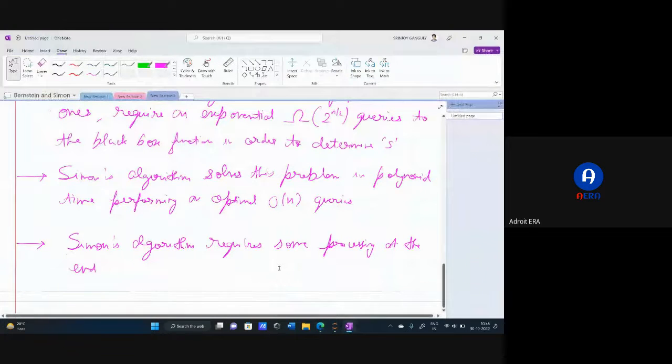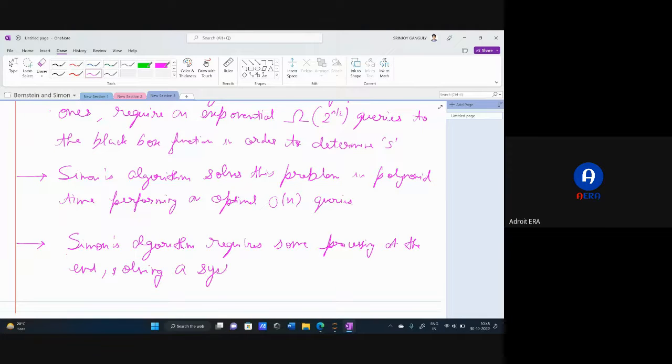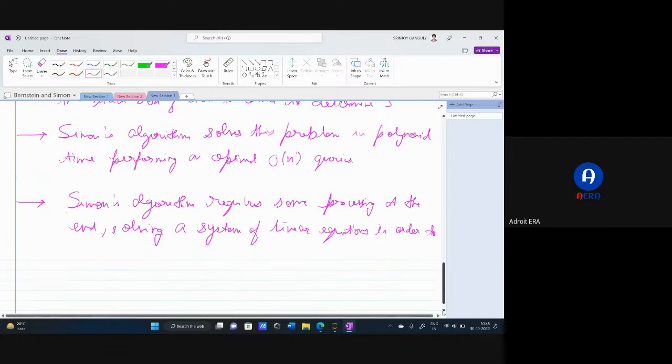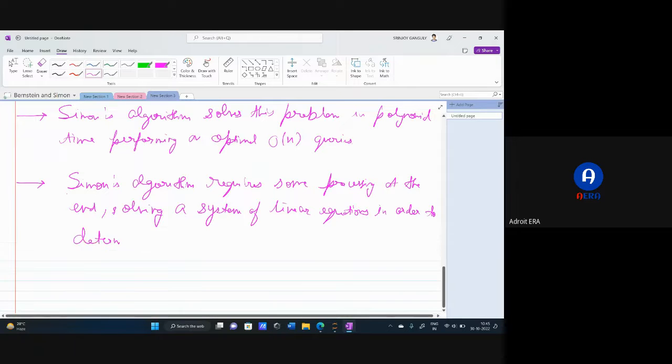Okay, Simon's algorithm requires some processing at the end, solving a system of linear equations in order to determine the final solution.